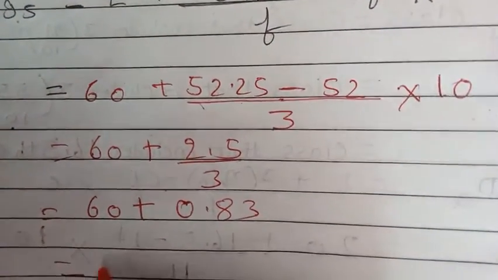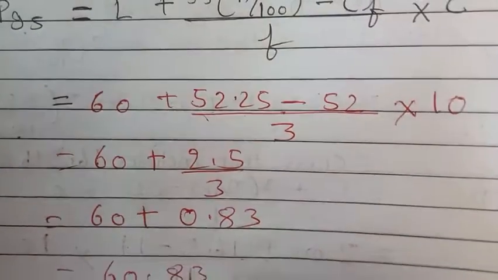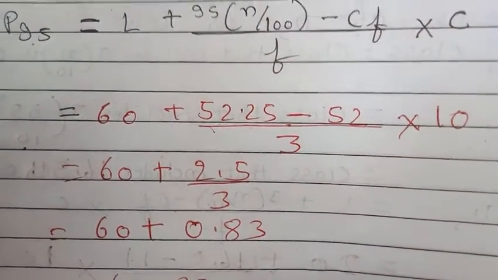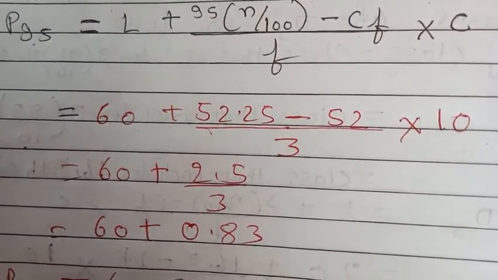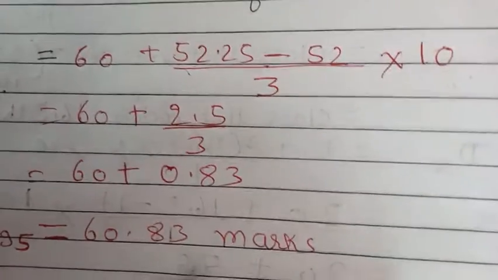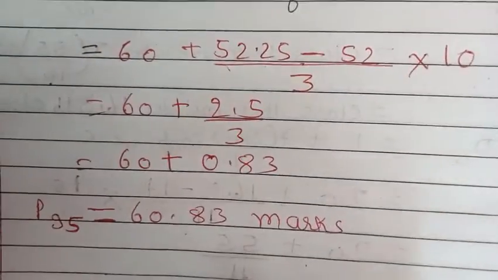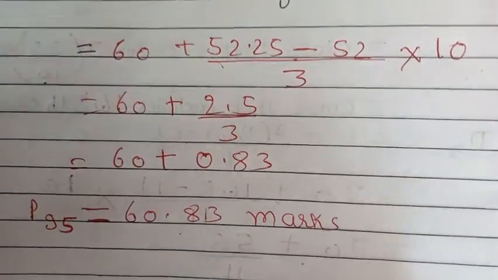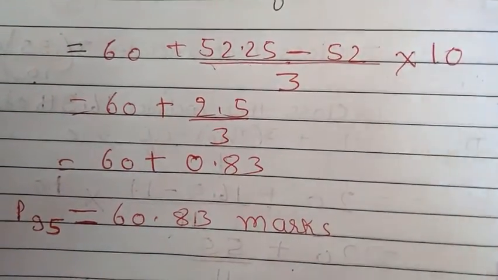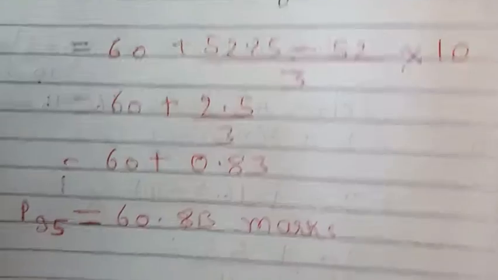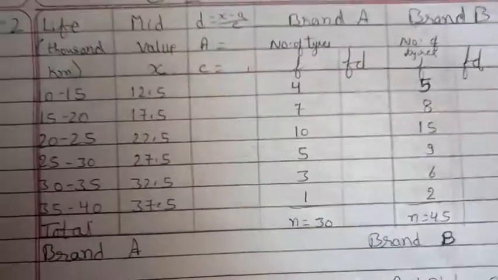That is equal to 60.83 marks. So P95 is equal to 60.83 marks. Hence the minimum marks of the 5% students getting the scholarship is 60.83 marks.